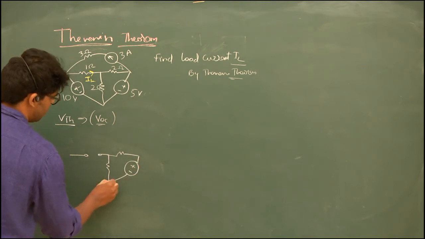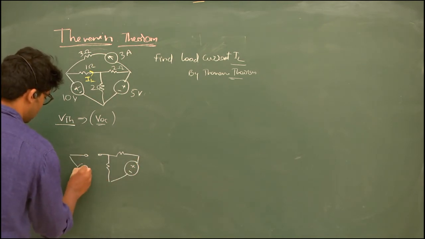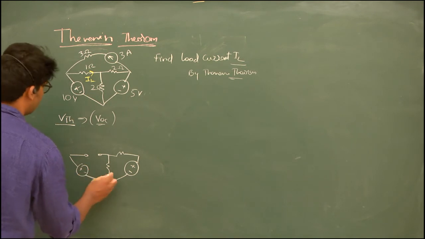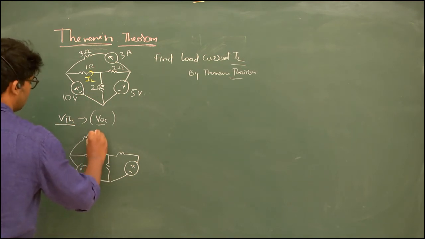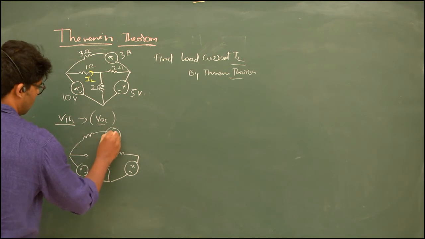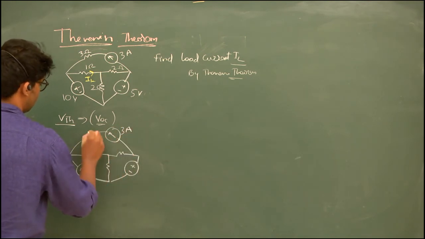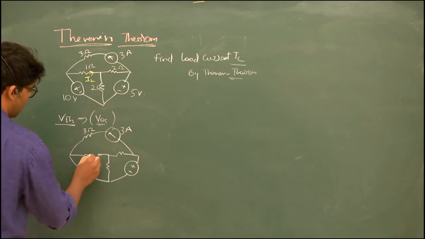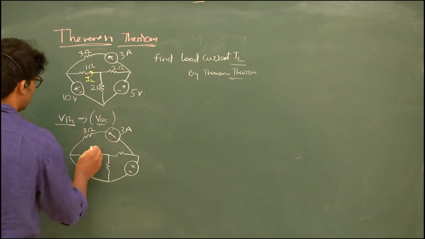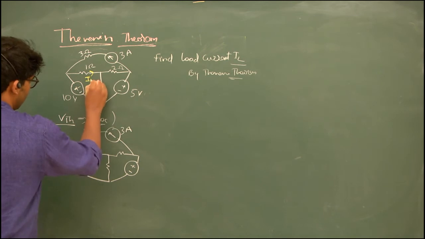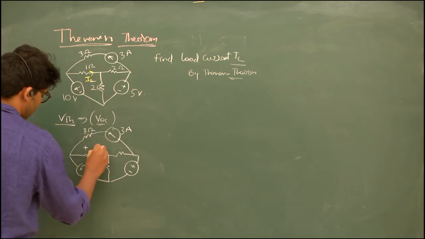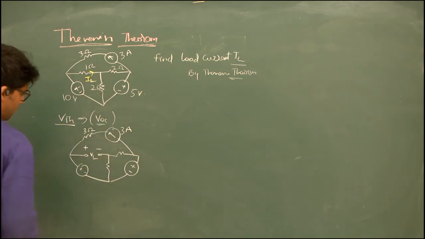This is plus minus. Current I is flowing, that is 3 amps. Now we need to find VOC, with current flowing from this direction, therefore plus minus, that is VL. We need to find it.